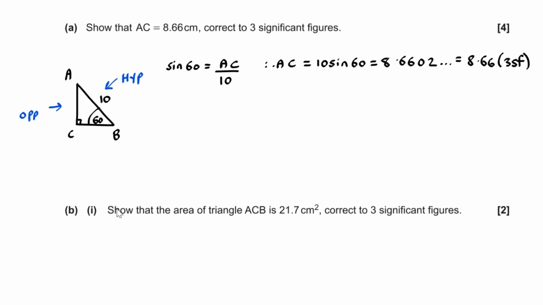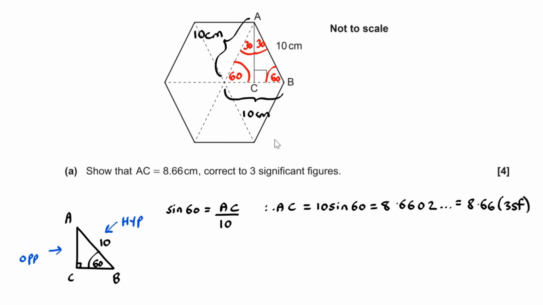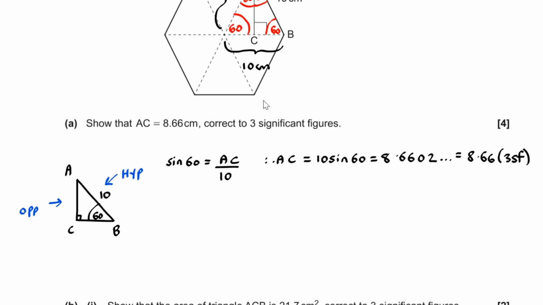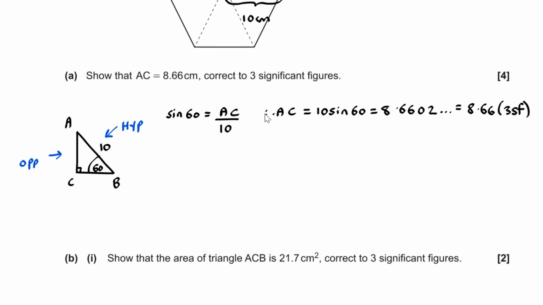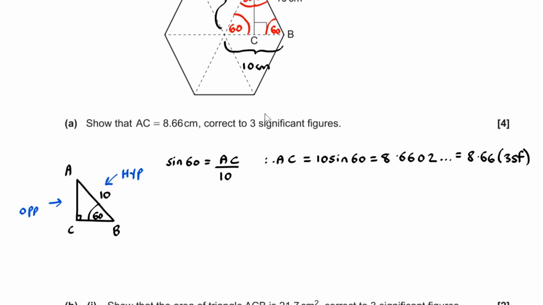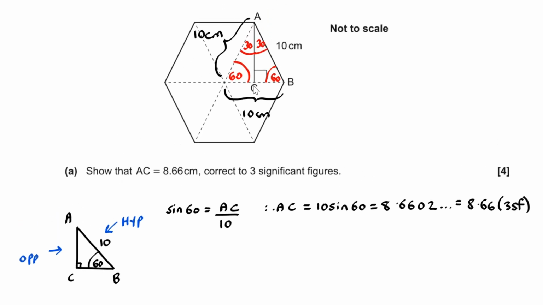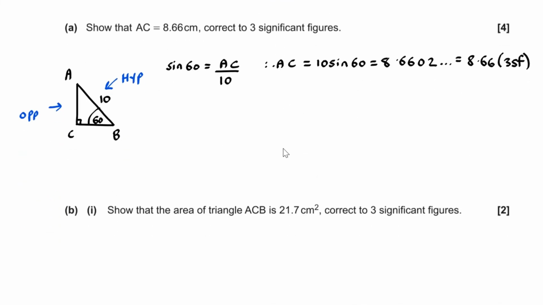And now for the first part of part B, we have to show that the area of the triangle ACB is 21.7 centimeters squared, correct to 3 significant figures. Well, to work out the area of a triangle, what we would need to do here is find out CB, and we can do that using Pythagoras.